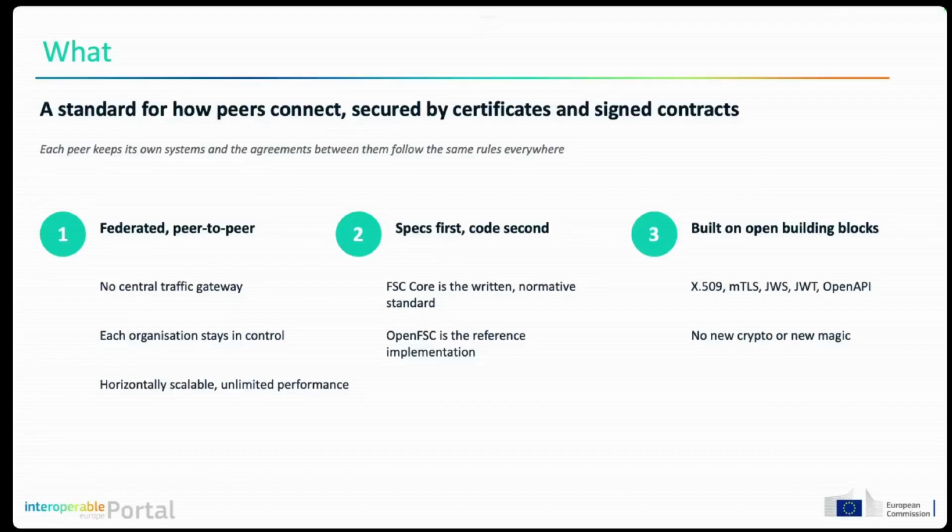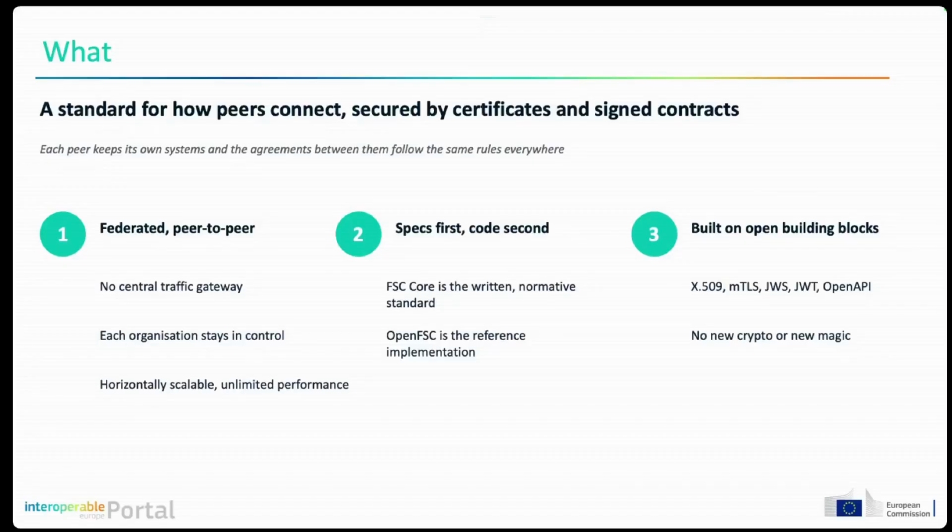And so we decided to set up this peer-to-peer federated structure, so we can horizontally scale, and if two organizations have a very high traffic flow, they can just scale up their own infrastructure, and there is no central bottleneck. Then in the beginning we had a software that everyone had to use.